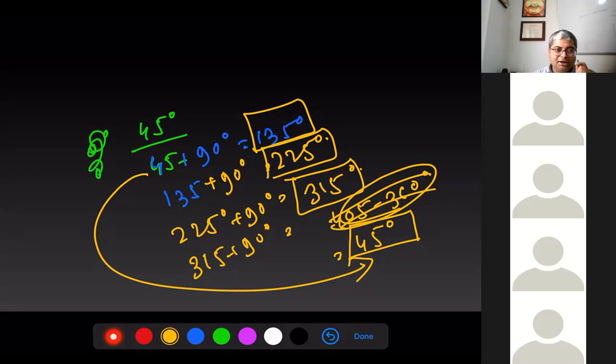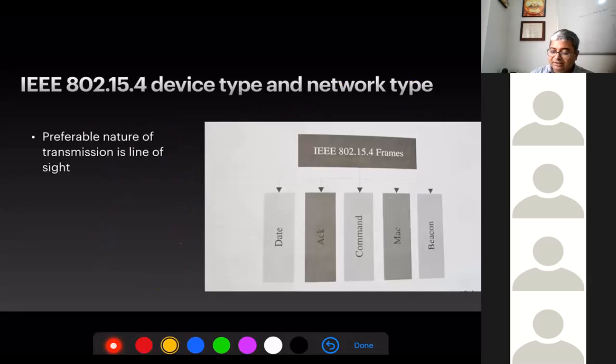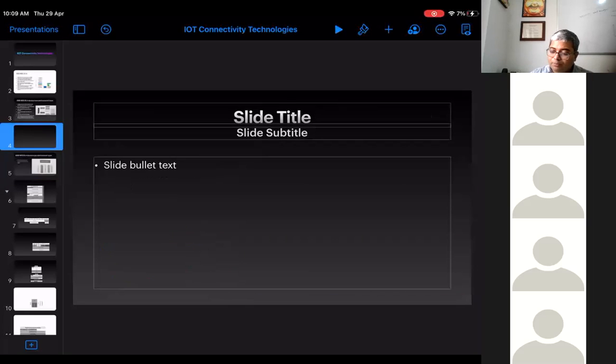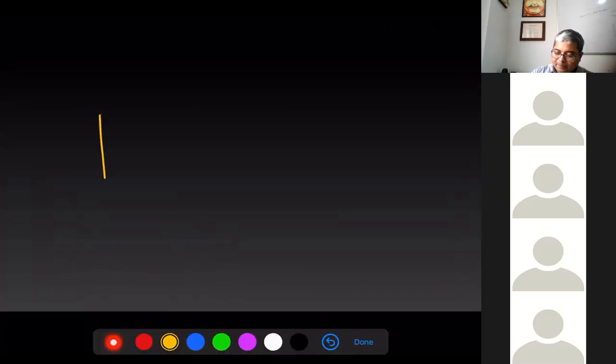Remember one thing: suppose right now one digital signal is carrying 1 bit, so this one is 0, this one is 1. It may happen that one digital signal carries 2 bits. How?